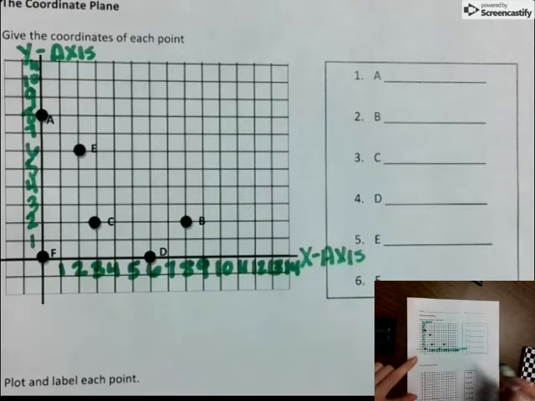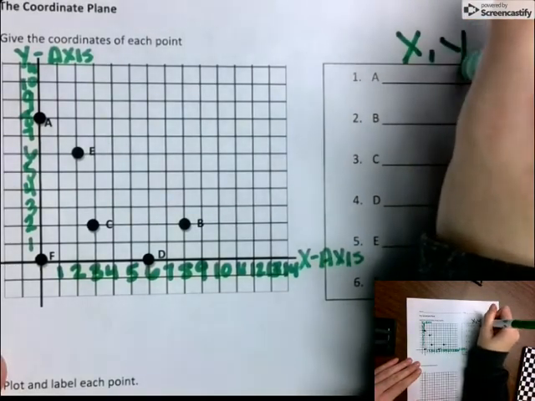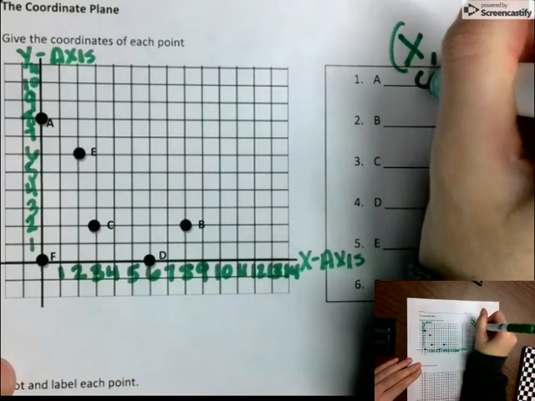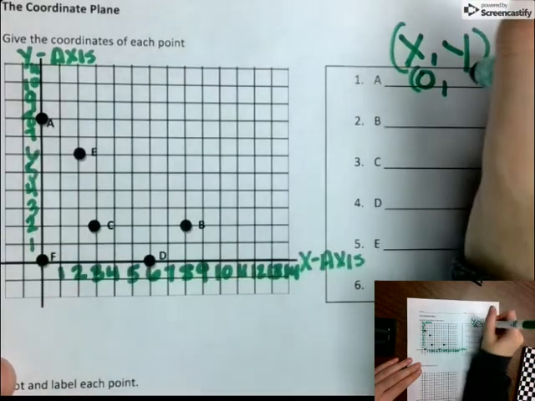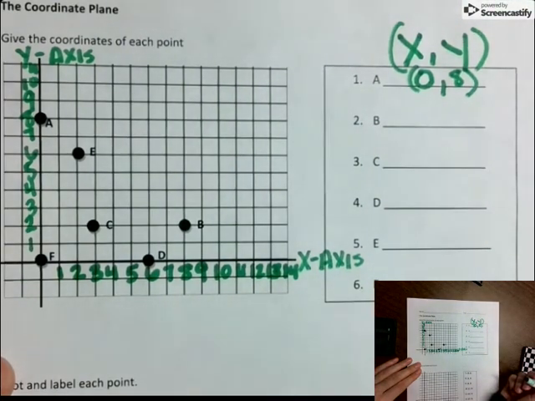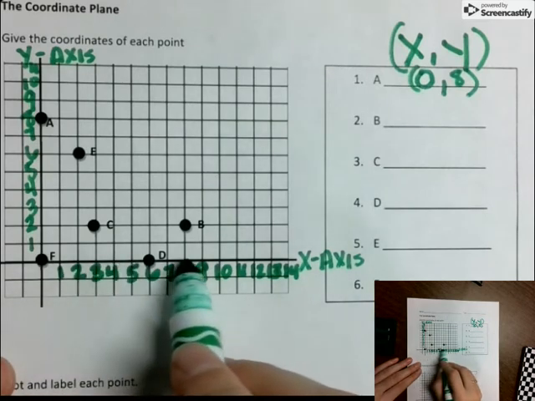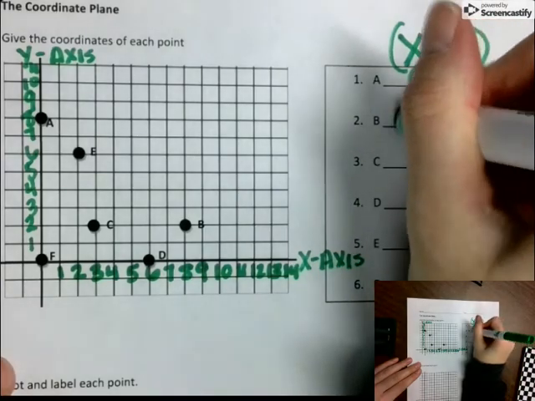So A, the X goes first and the Y goes second. I didn't go left or right, so my X is 0. My Y, I went up to 8, so my Y is 8. For B, I go over to 8 and up 2.